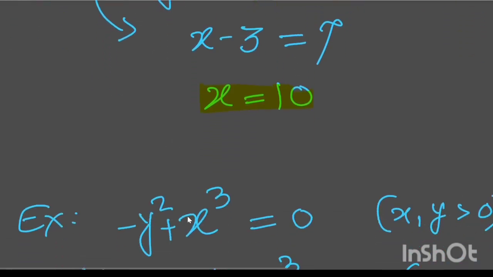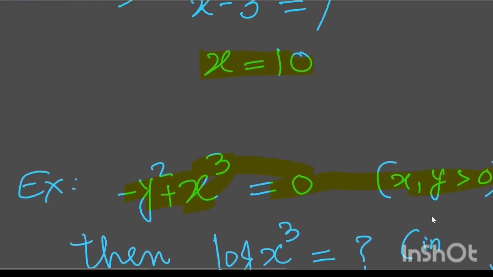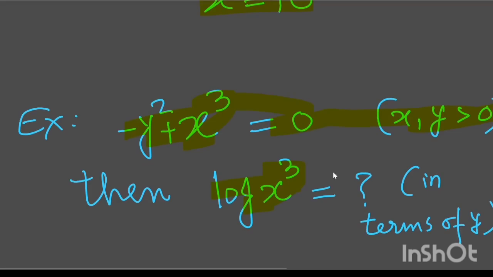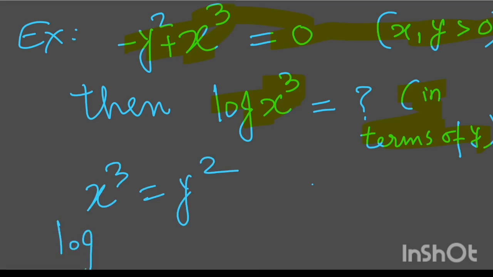Again, if minus y cube plus x cube is 0, where x and y are positive numbers, then what is the value of log x cube in terms of y? Obviously we can write it as x cube equals y square, and then take log both sides.